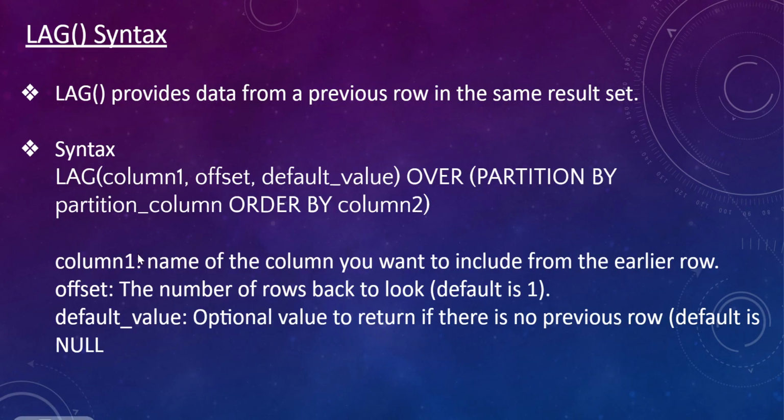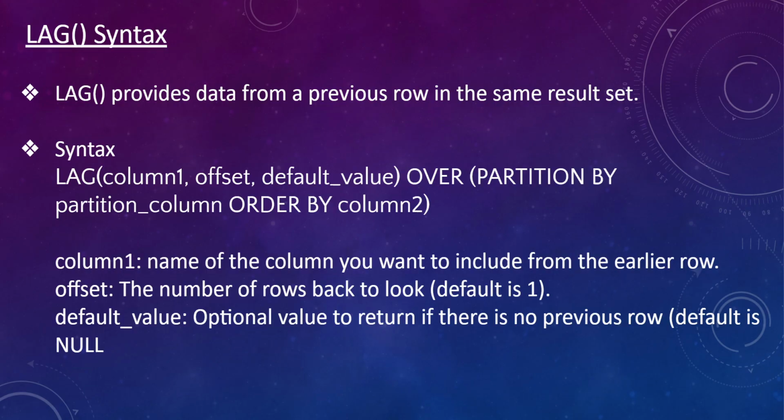I have already described these parts, but again for your understanding, column 1 is the name of the column you want to include from the earlier row, because lag provides the data from the previous row. So you need to provide the name of the column whose data you want to include from the earlier row. Offset, as I mentioned, by default it's 1, but you can choose data from as many rows back as you want. You can mention 2, 3, 4 depending on your data requirement or the analysis that you want to do.